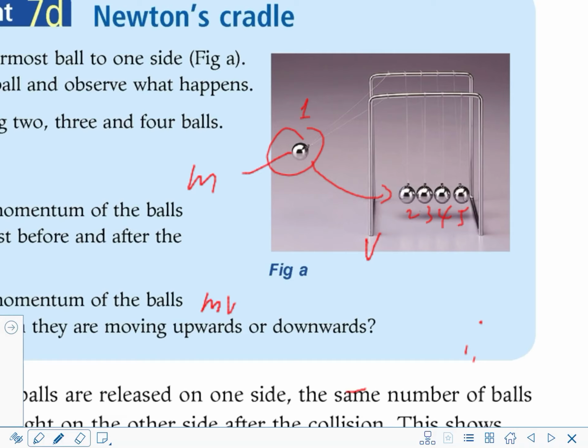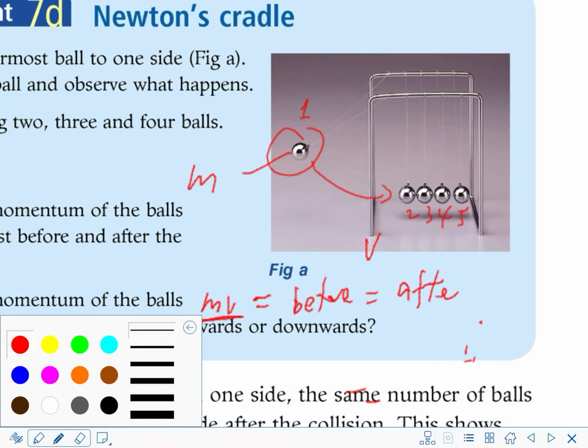We have learned that total momentum is conserved. So after collision, the total momentum would also equal mv.